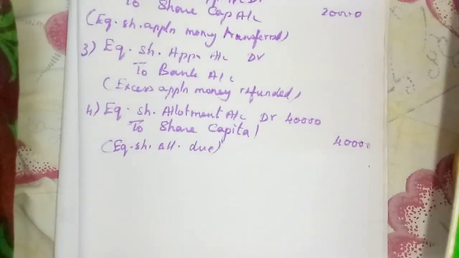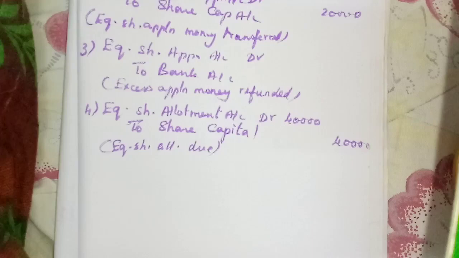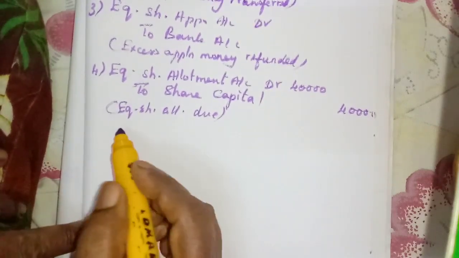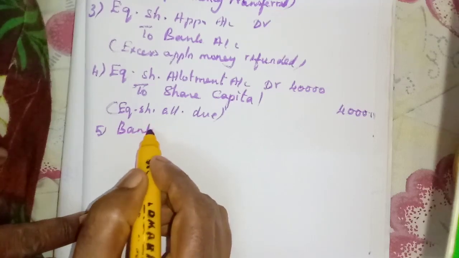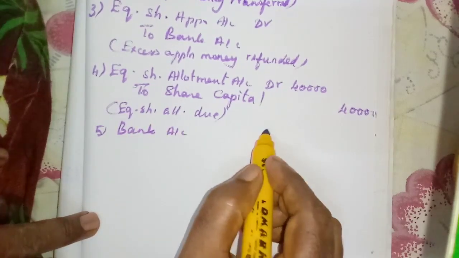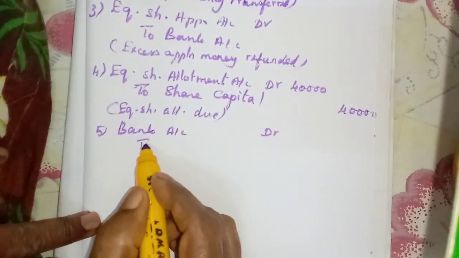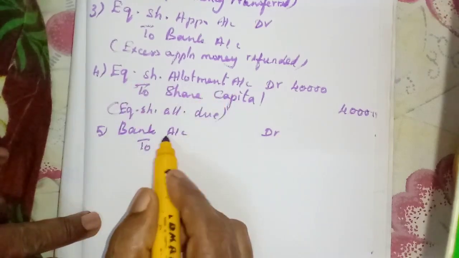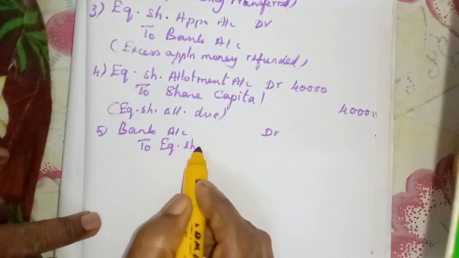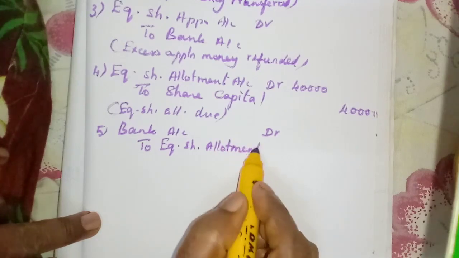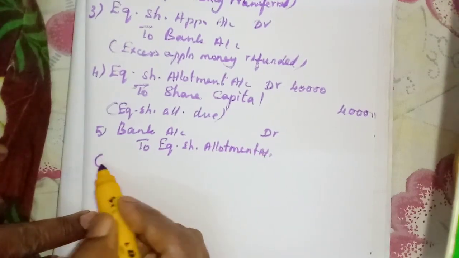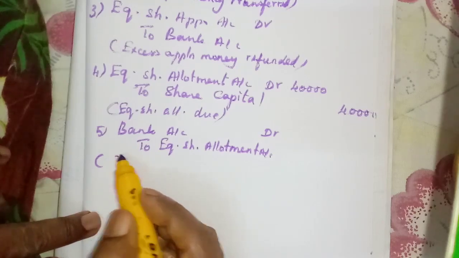Then next they will receive the share allotment money. So what is the entry? Bank account debtor to equity share allotment account. Equity share allotment money received.